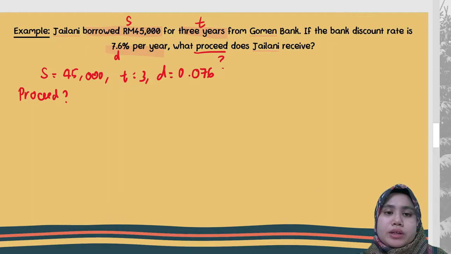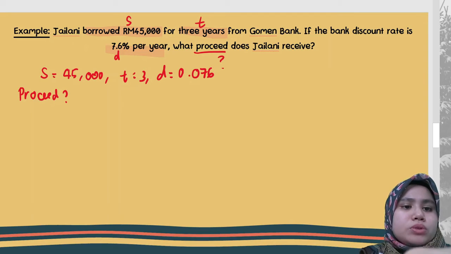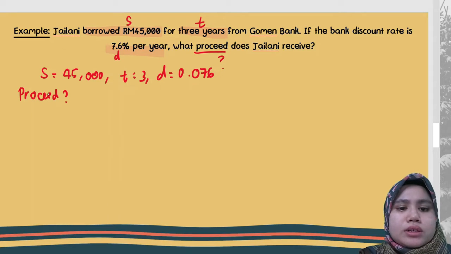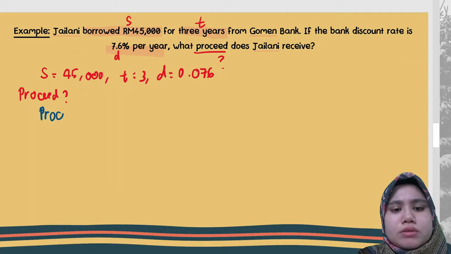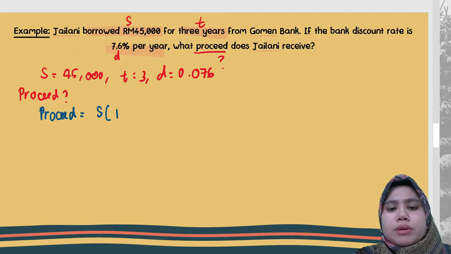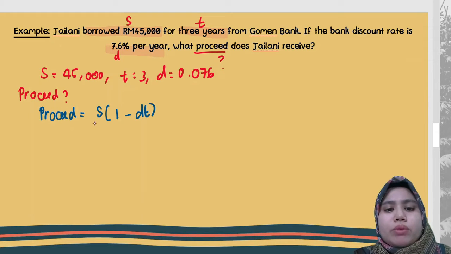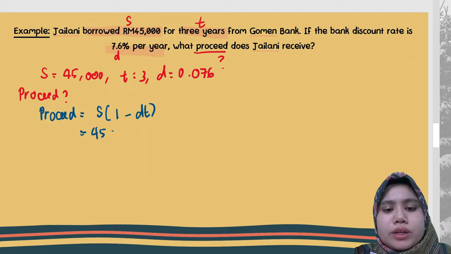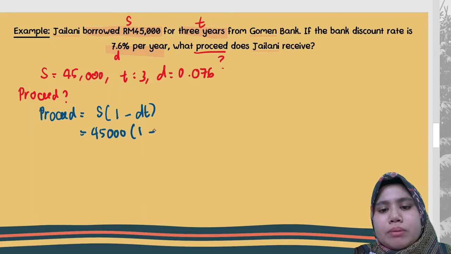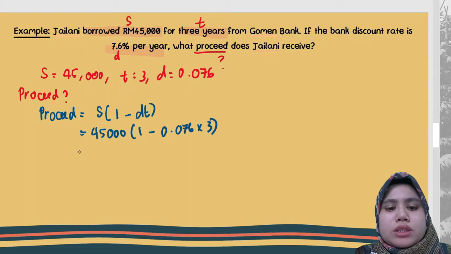Which formula is suitable for us to use? Proceed is equal to S multiplied with 1 minus dt. So with the values you already have: 45,000 times 1 minus 0.076 multiplied with t, 3 years.